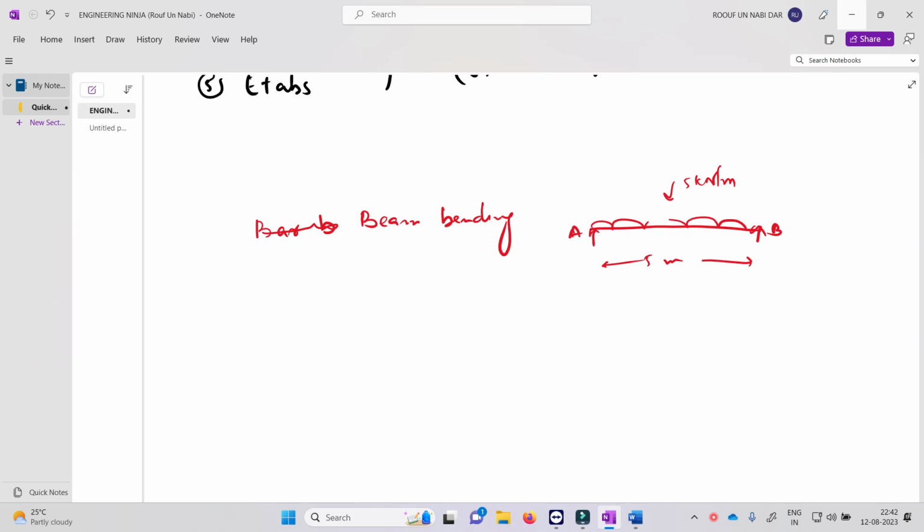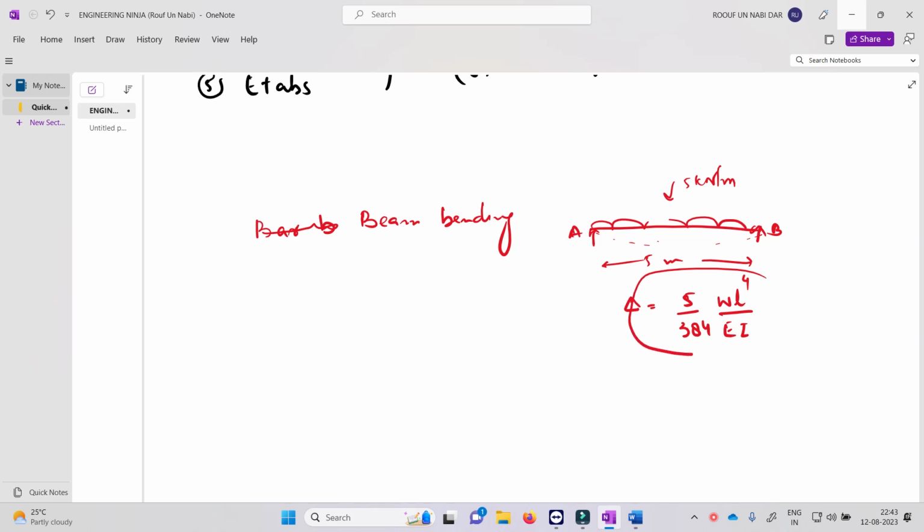If we are interested in finding the deflection of this beam, we know the deflection for this simply supported beam subjected to UDL. It is 5/384 WL power 4 by EI.